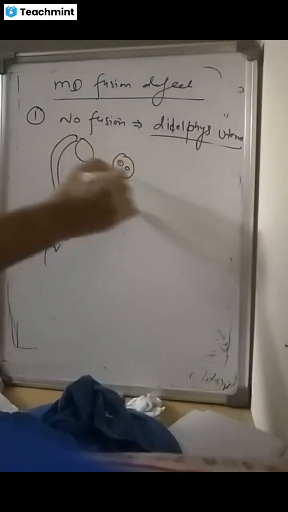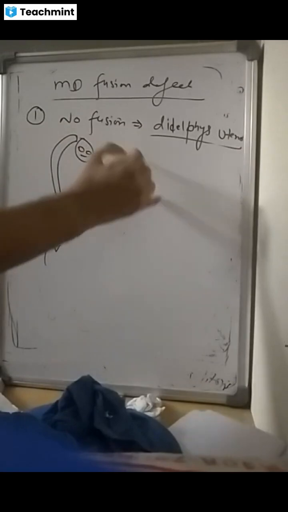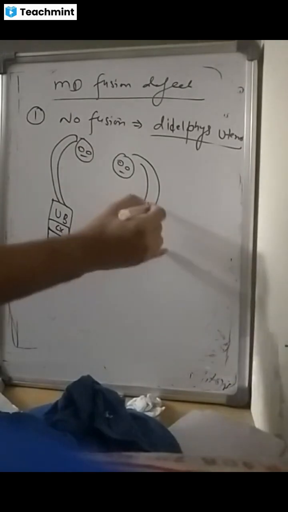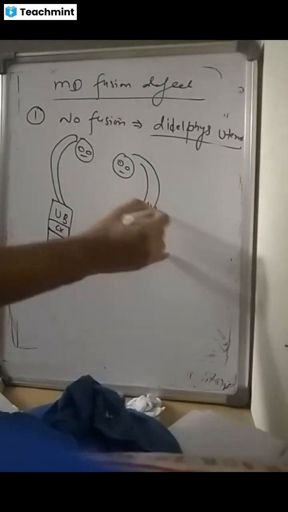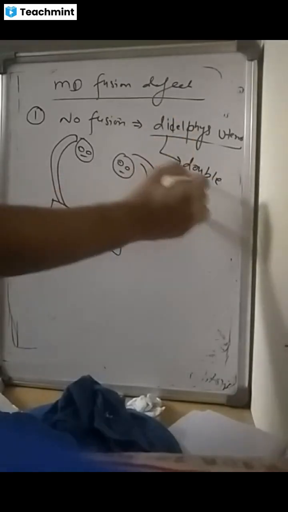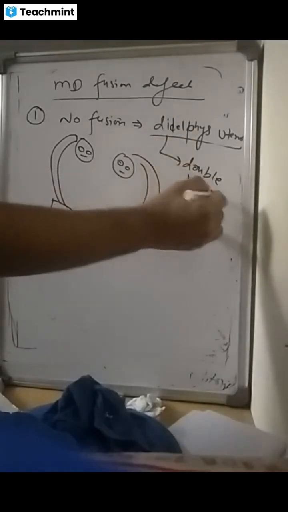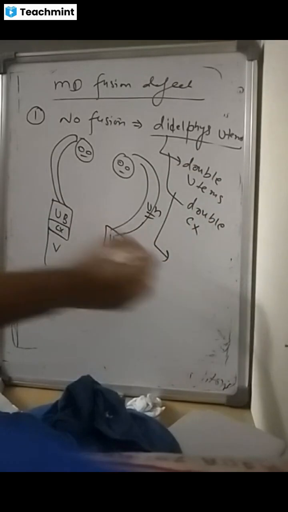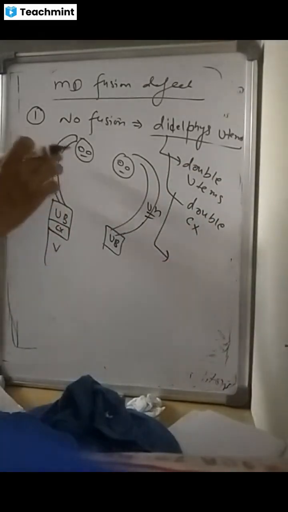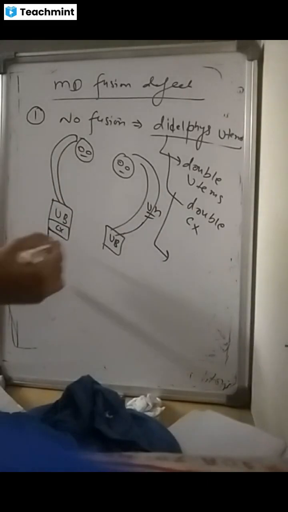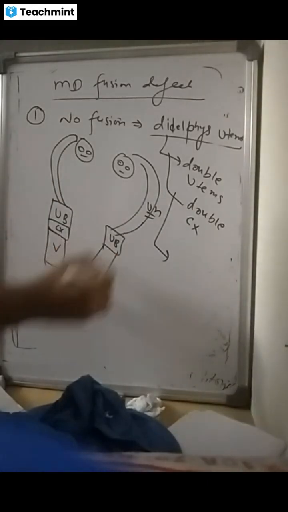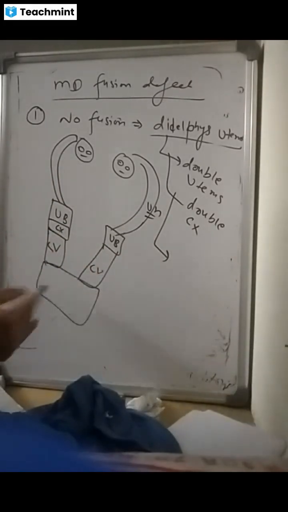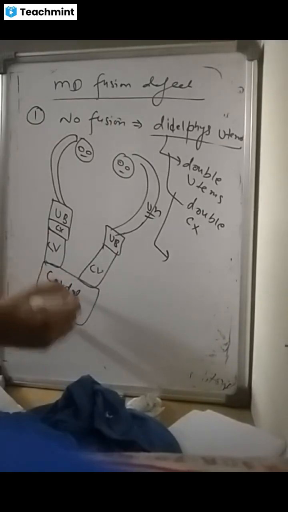This another ovary is also related with the uterine body. We have a double uterus, the double cervix, and from the Mullerian duct, the cranial vagina, then the caudal vagina.